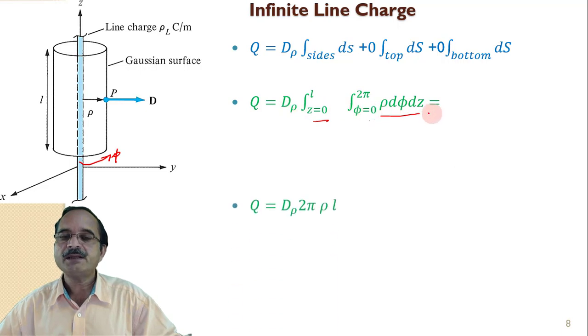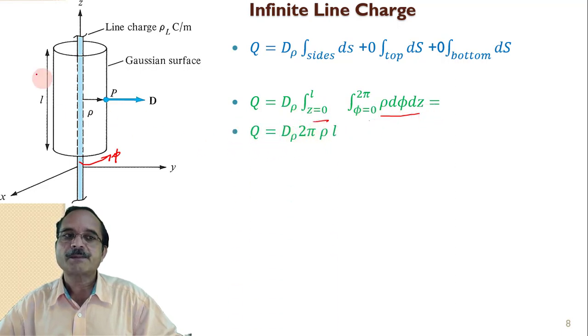So evaluating this comes out to be 2 pi rho L multiplied by this D rho.